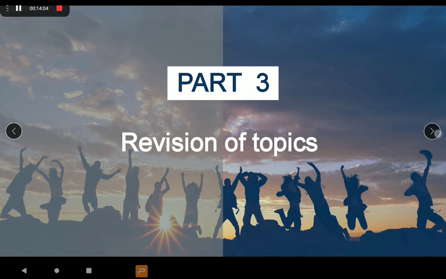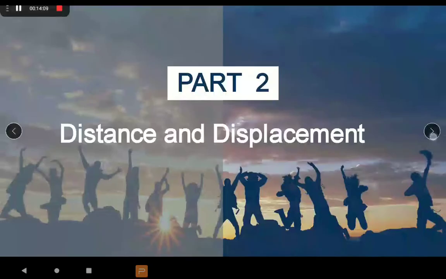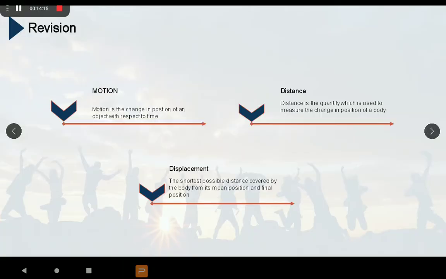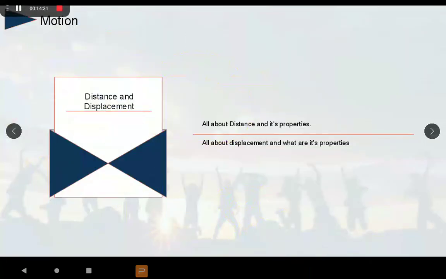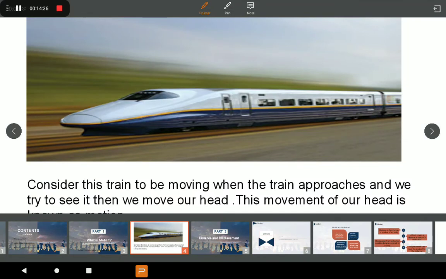Now let's revise what we have learned. See, so much we have learned so fast. As it is a revision, we will start again with motion. Motion is a change in position of an object with respect to time. Remember this photo?